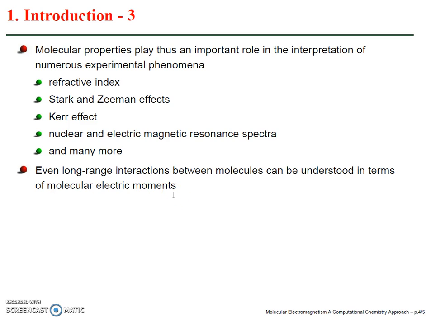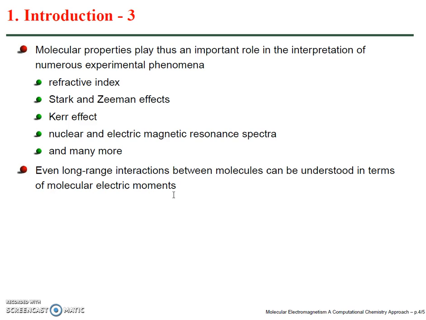Many experiments or experimental phenomena are therefore interpreted in terms of these molecular properties. What kind of experiments are we talking about? A prominent example is the refractive index, and the molecular property underlying the refractive index is actually the frequency-dependent polarizability.